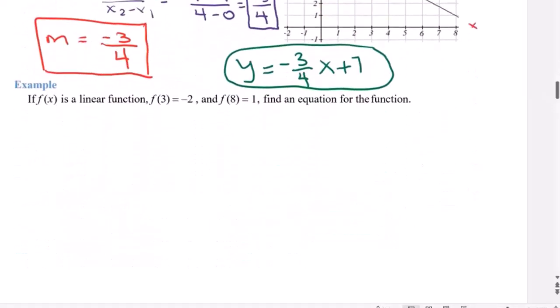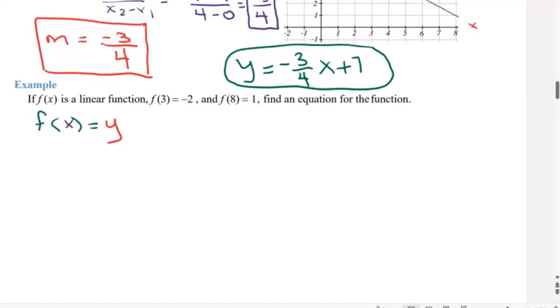If I'm given f of x is a linear function where f of 3 equals -2 and f of 8 equals 1, and it tells me I want to find an equation for this function, same thing. F of x is equal to y.